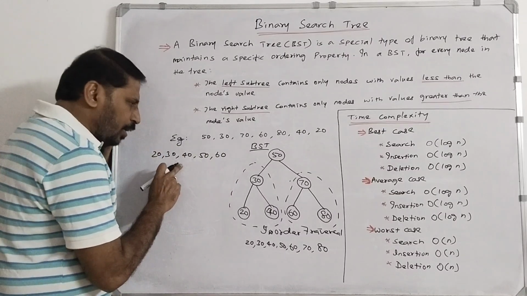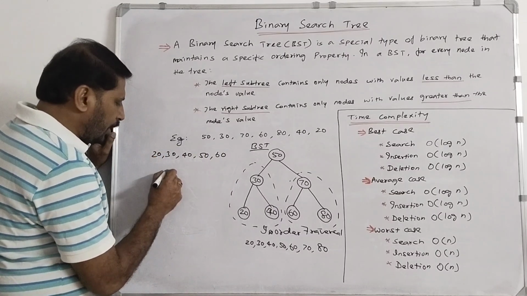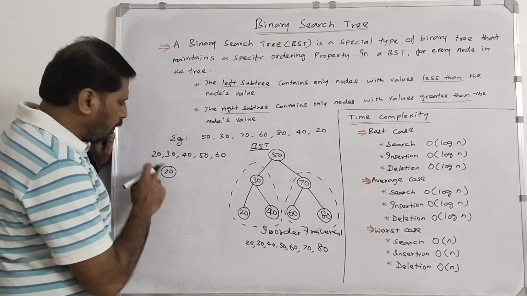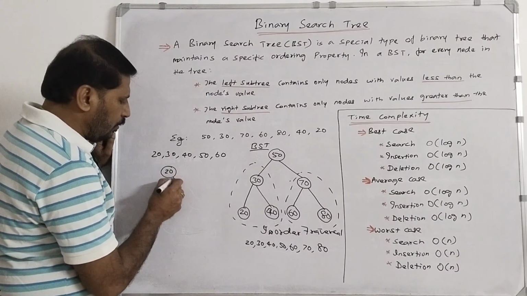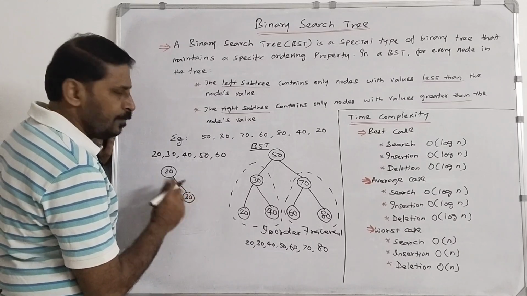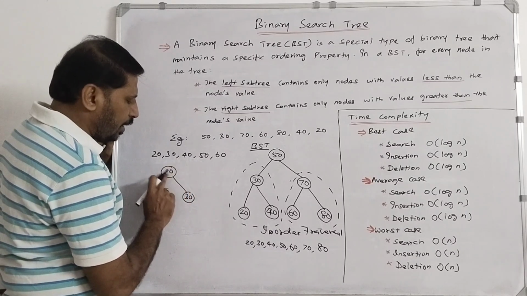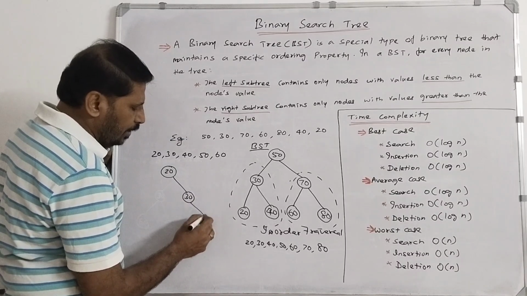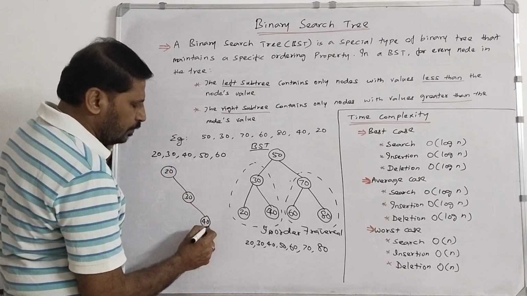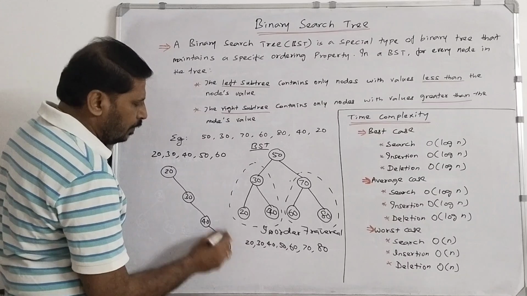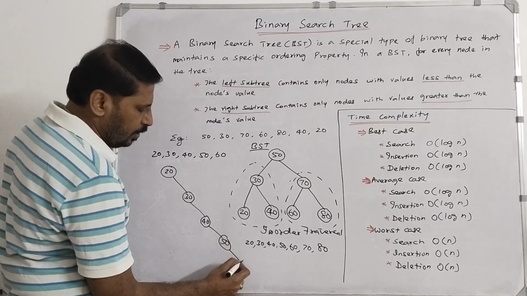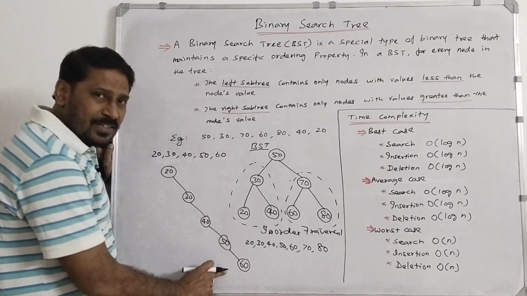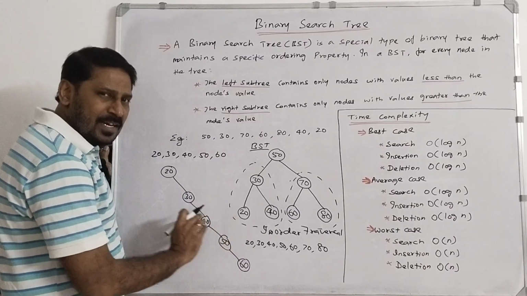In that case, what happens is we take 20, it is defined as the root. Then 30, that is a greater value, so it comes as a right child. The next number is 40, it is greater than 20 and 30, so it comes as a right child. 50 is also a greater value, 50 comes here. Then 60 also comes here. This type of tree is called an imbalanced tree.